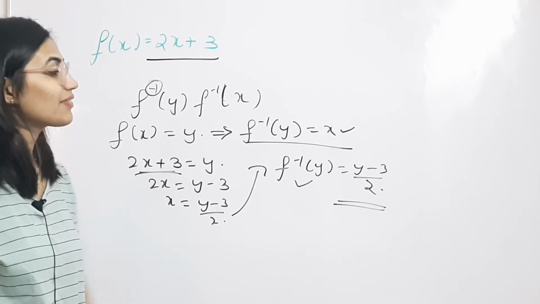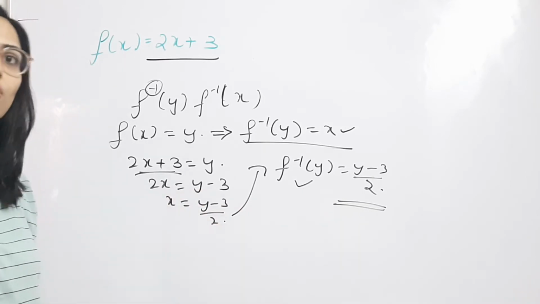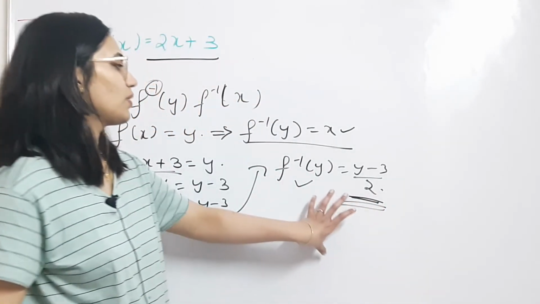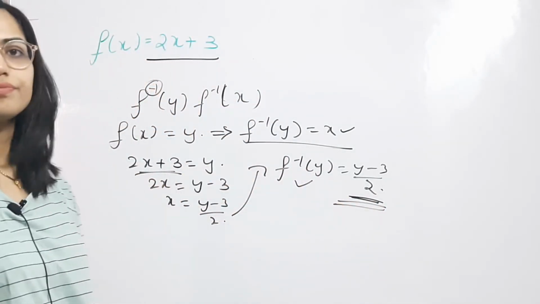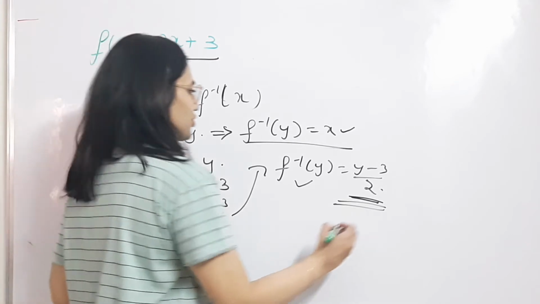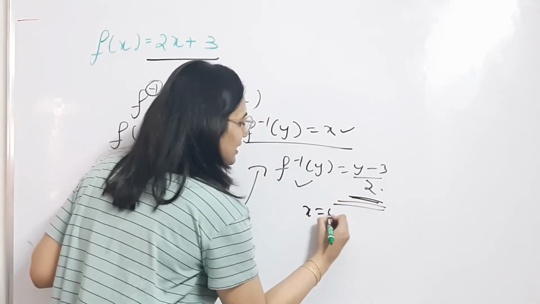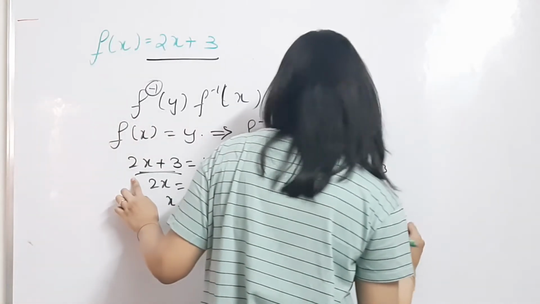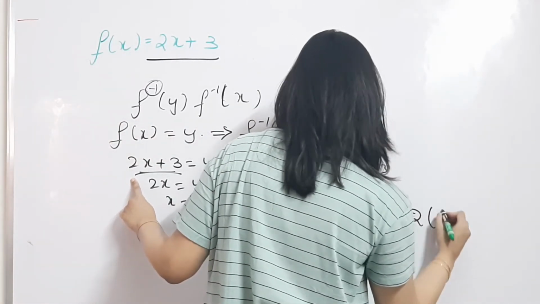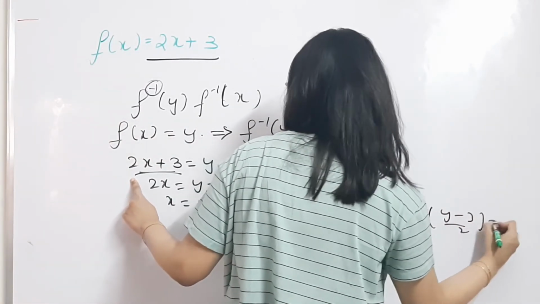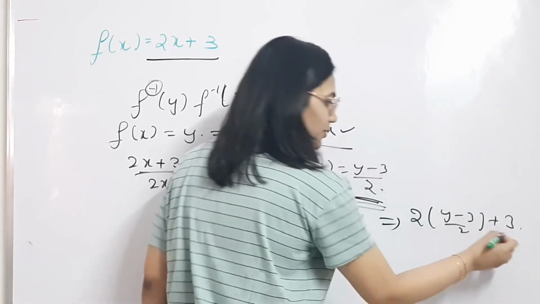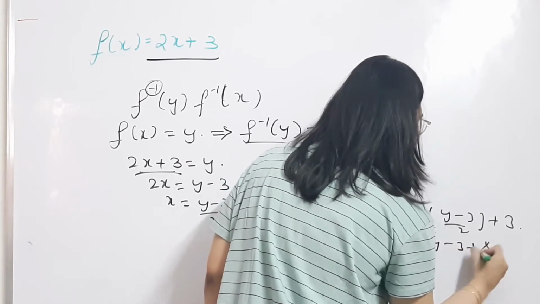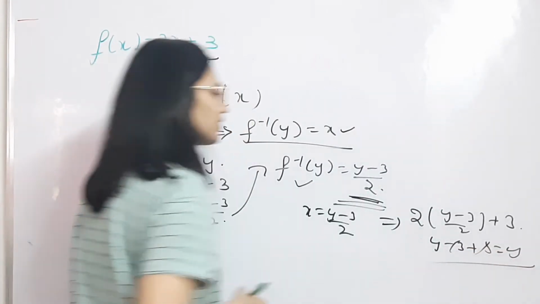And in order to check whether this is the inverse or not, what you can do is, you can substitute this in this. That means, if you substitute x as y minus 3 by 2 in here, that is 2 into y minus 3 by 2 plus 3. If you substitute this, you need to get y. So, y minus 3 plus 3, you will get it as y.